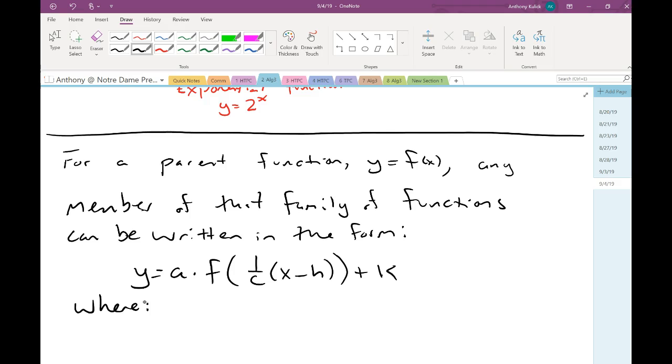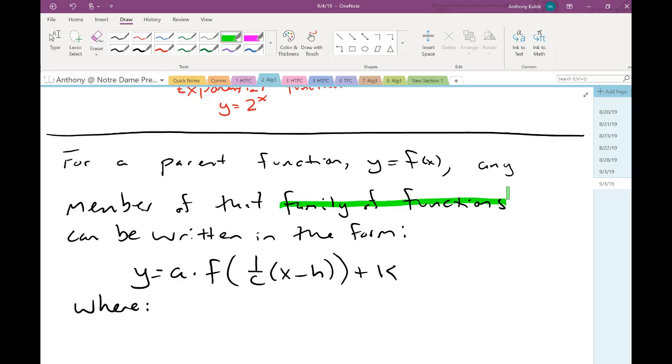So for a parent function y equals f of x, any member of that family of functions, when we say family of functions, we mean like if we're talking about the parent function y equals x for the linear functions, we're saying that any other linear function can be written as a transformation of that parent function.